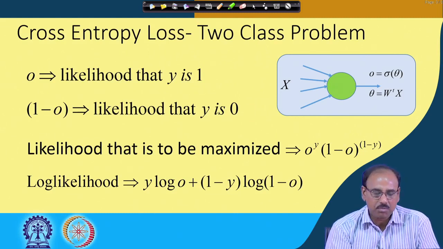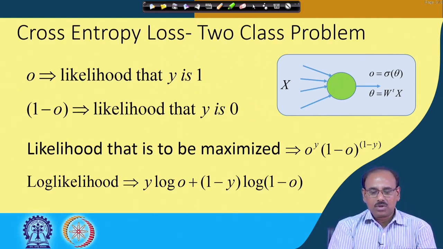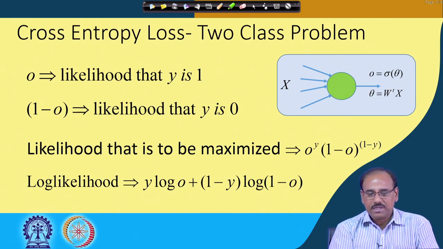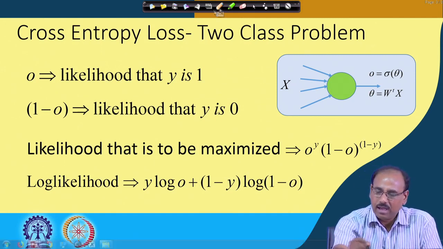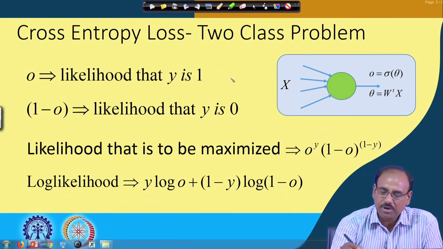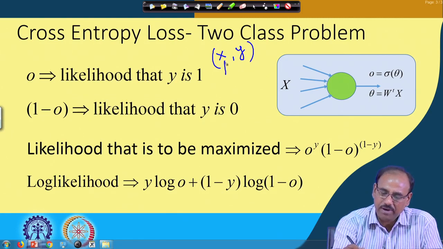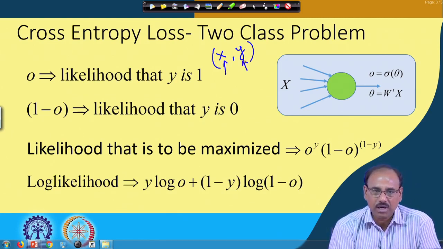Again, I am taking a 2-class problem. Again I am assuming that my input training vectors are given as ordered pairs x, y, where x is the input vector and y is the ground truth, that is the actual class to which this vector x belongs.